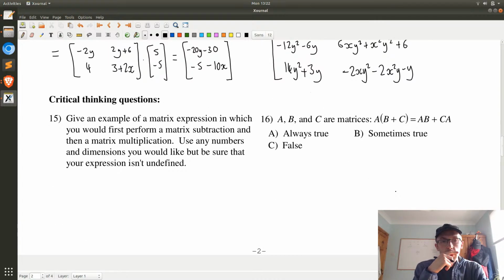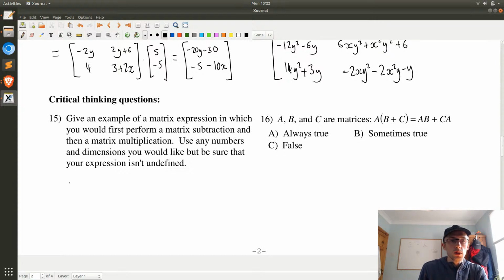Give an example of a matrix expression in which you would first perform a matrix subtraction and then a matrix multiplication. Use any numbers and any dimensions that you like, but be sure that your expression isn't undefined. So you know me, I'm going to choose the absolute simplest that's allowed.